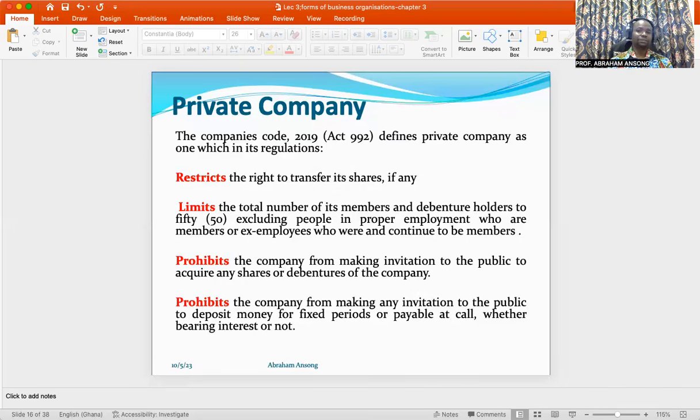Okay, we have the Ghana Stock Exchange, whichever jurisdiction, Johannesburg, New York Stock Exchange, or any other country that you find yourself. You can just get a broker to be able to sell your shares for you. All right, but that is not the case of a private company. There is restriction. You may have to get the consent of the other members of the company before you can actually transfer your shares to another person.